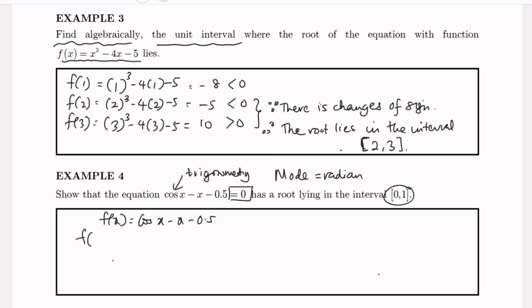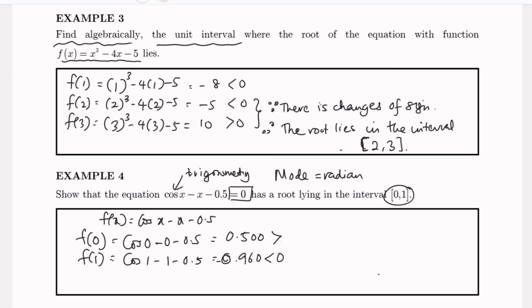Given the interval (0, 1), so f(0) and f(1): cos 0 - 0.5, cos 1 - 0.5. Press your calculator. You get 0.500, -0.960. This is greater than 0, less than 0.